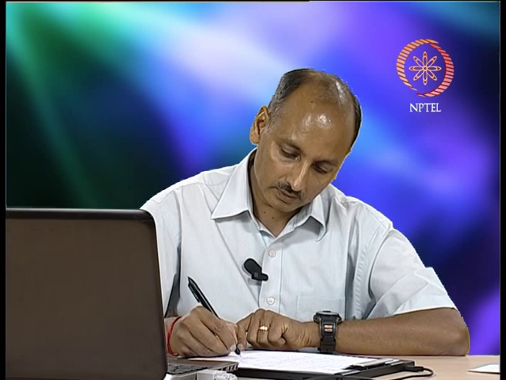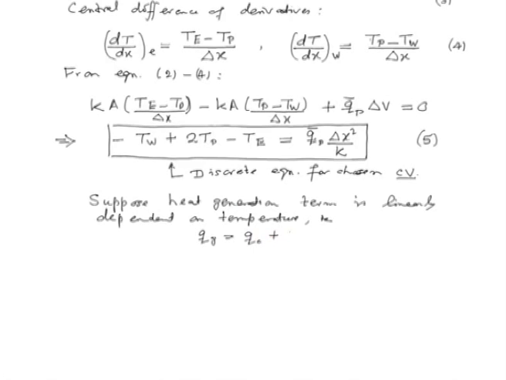That is, we can write this as Qg is equal to Qc plus alpha times T, where alpha is an appropriate proportionality constant. So, in this case our average value, this Qp bar, would be nothing but Qc plus alpha times Tp.